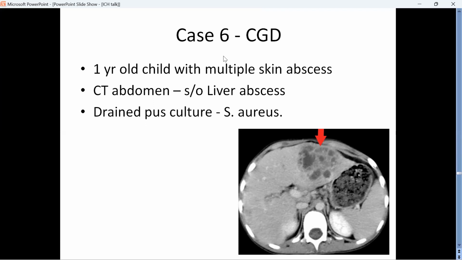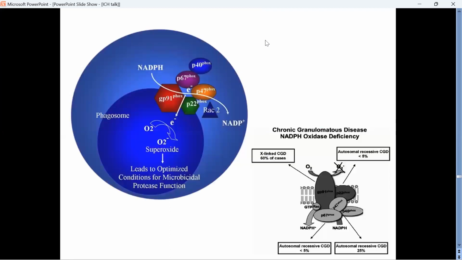When you have abscess as the most important finding, as well as when you have Staph aureus or fungal infections, it is very, very classic for a diagnosis of a phagocytic defect, which is chronic granulomatous disease. So basically, in chronic granulomatous disease, the problem is in the production of free radicals, which are normally produced in normal phagocytes based on the conversion of NADPH to NADP, which is released by a series of molecules where a free electron is generated.